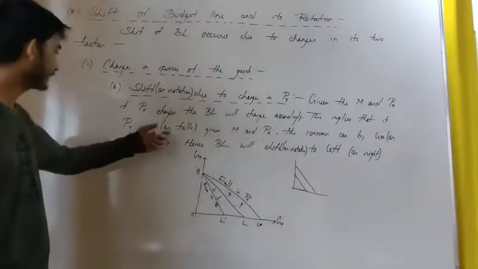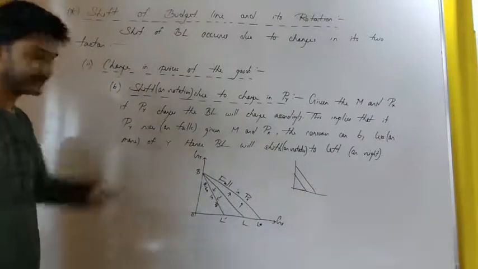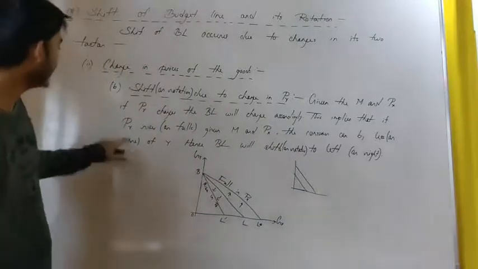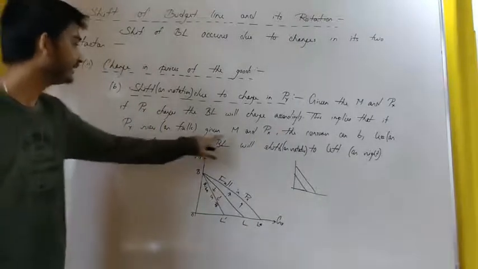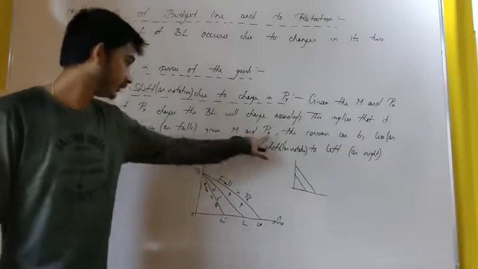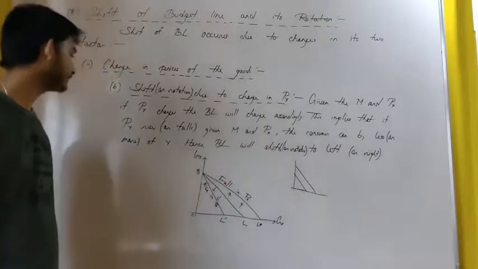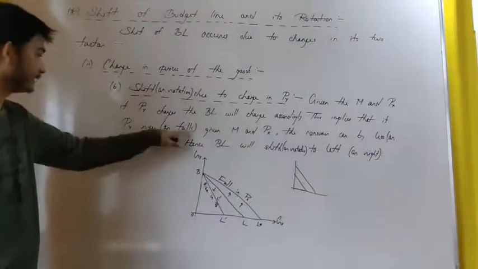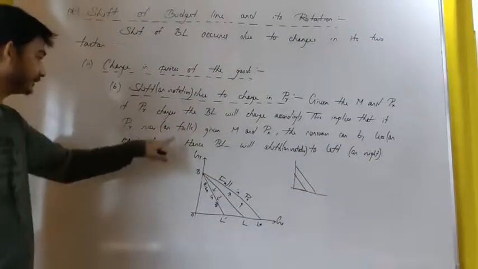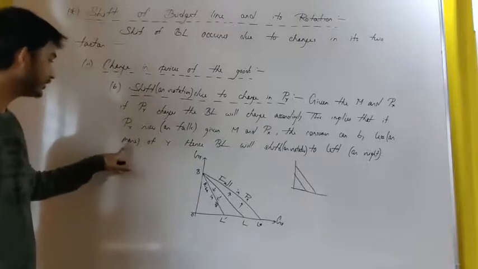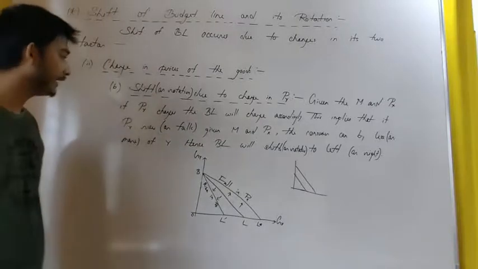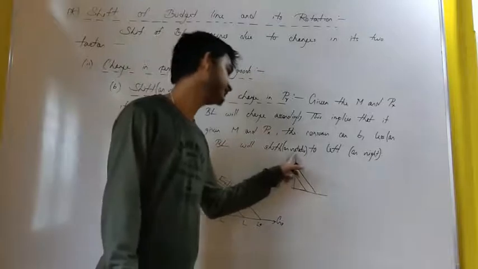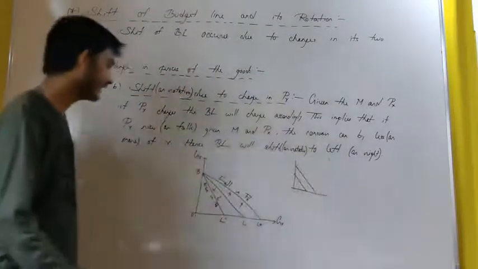rightwards. So again here you see, when price of good Y falls, given the price of good X and income of the consumer, he can buy now more amount. Now I am targeting this bracketed part. The consumer can buy now more of good Y, and hence BL will shift or rotate to the right.